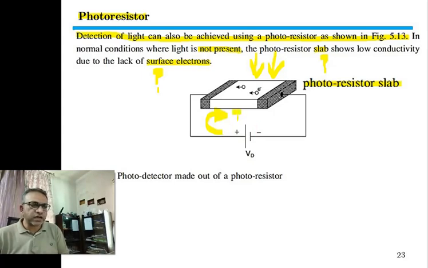This is the current I, the traditional current, the movement of positive charges. However, in the diagram we see electronic current flowing in the opposite direction to the traditional current. So we are talking of the same thing. Surface electrons.